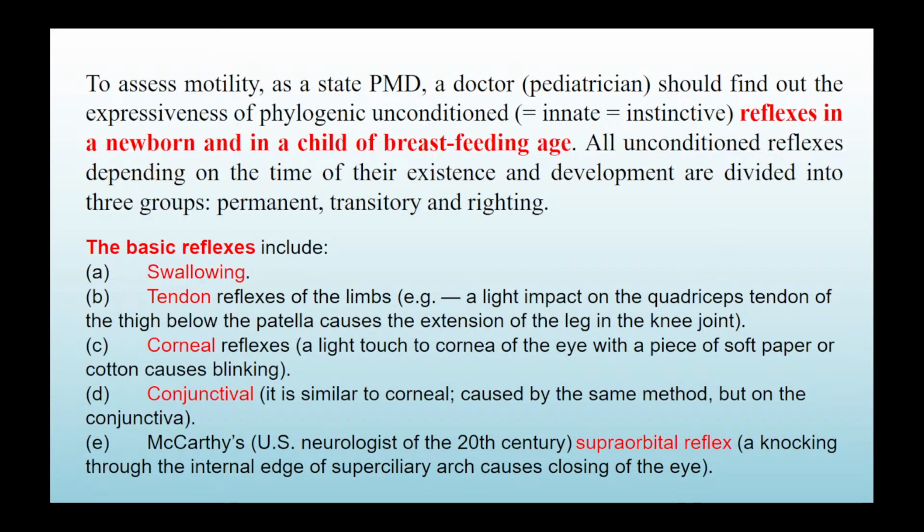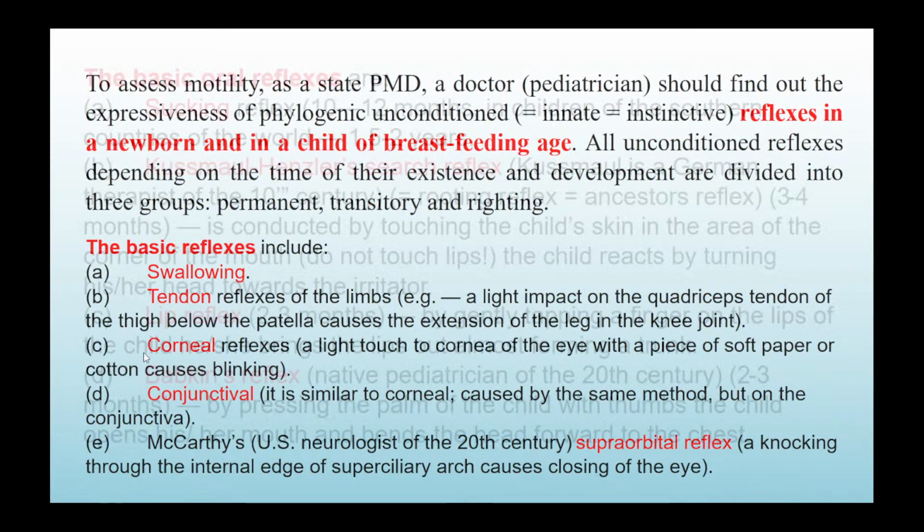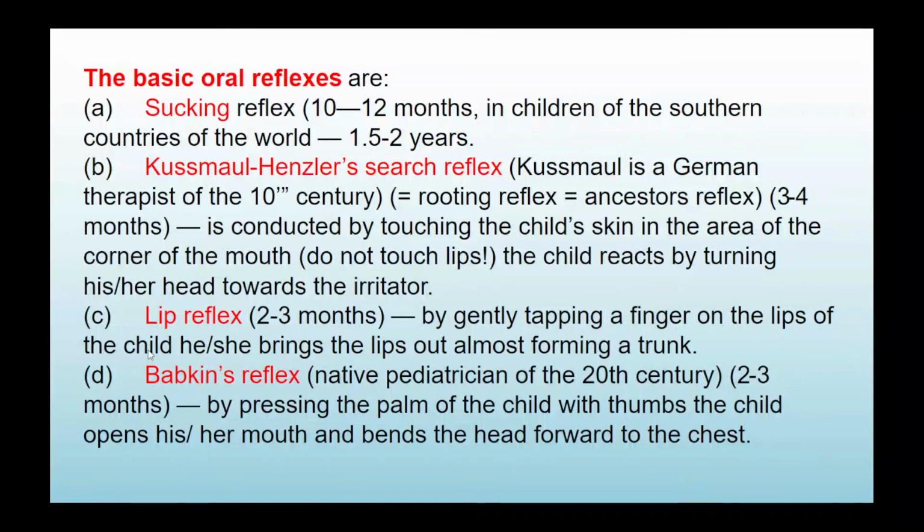You can see these described and repeat them in practice classes. The basic oral reflexes include the sucking reflex, Kussmaul search reflex, lip reflex, and Babkin reflex. All these reflexes disappear within some years.